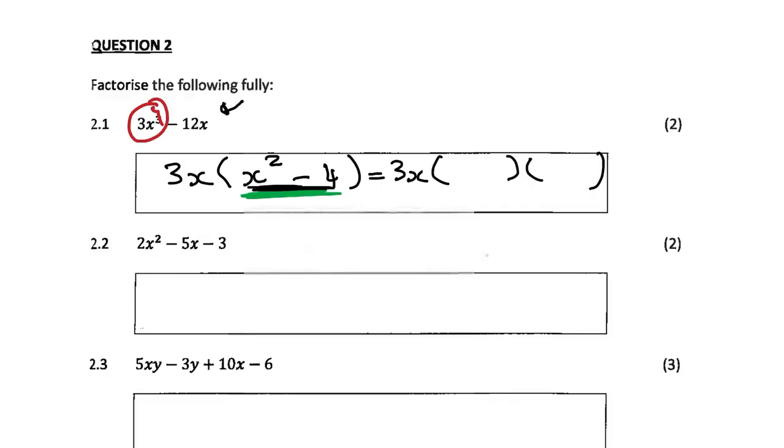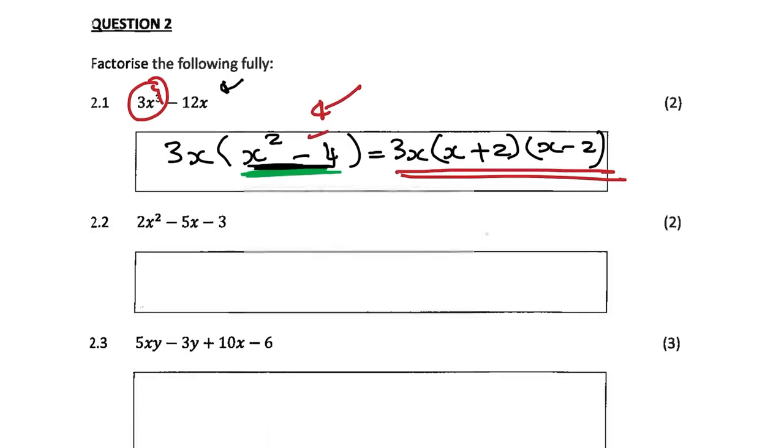Then you're just going to say the square root of x squared is just going to be x, and then the square root of 4 is just going to be 2. You write x and 2 there, and then you put plus or minus. And this will be the answer to the problem. This is factorized fully. If you just leave it here, they will give you 1 mark. You need to also factorize this because it can be factorized.